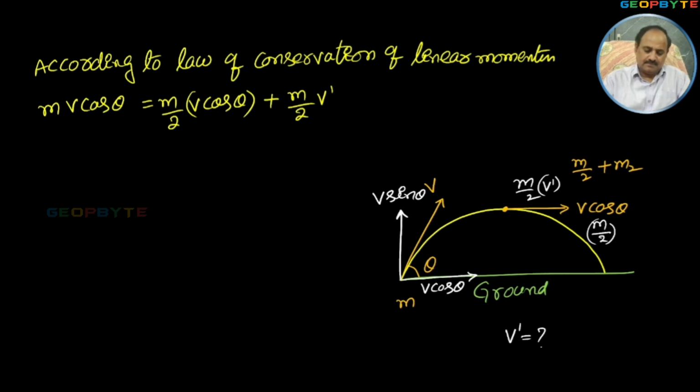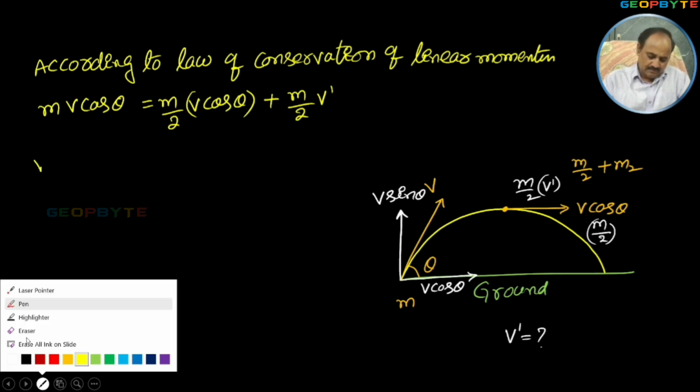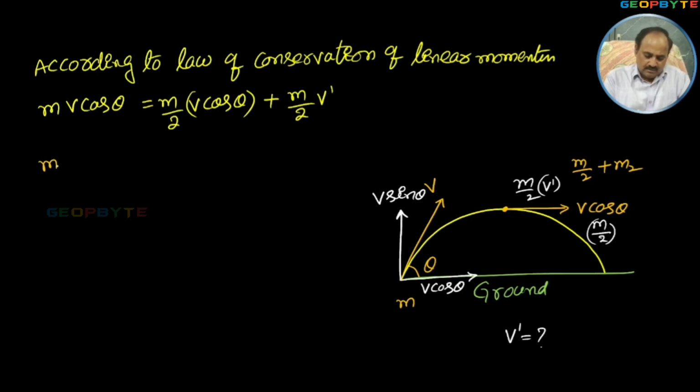V dash is the second piece velocity. Let me write it clearly. It can also be written as mv cos theta minus mv cos theta by 2 is equal to m by 2 into v dash.